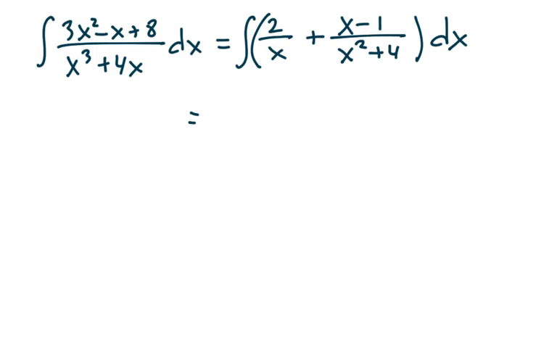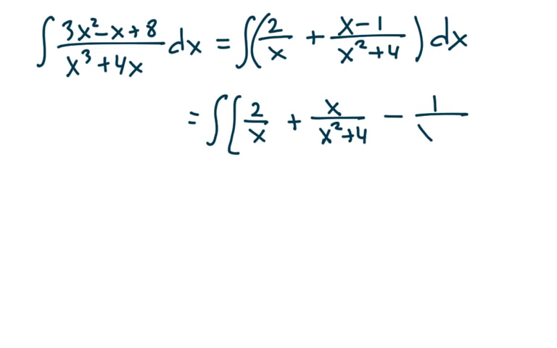Now, the classic way to attack that second term is to break off that fraction. So we're going to get 2 over x plus x over x squared plus 4 minus 1 over x squared plus 4 dx. And I'm done.